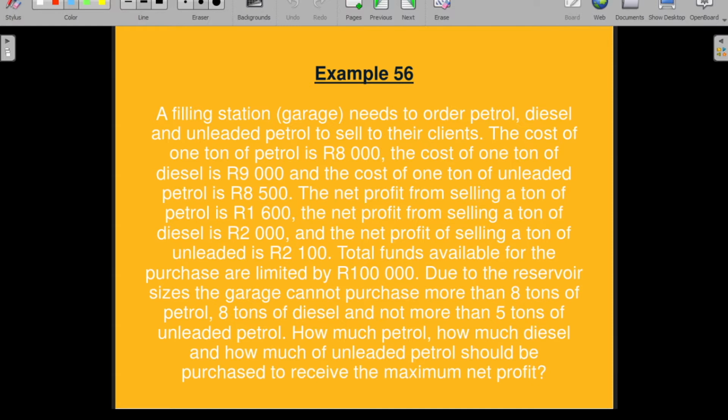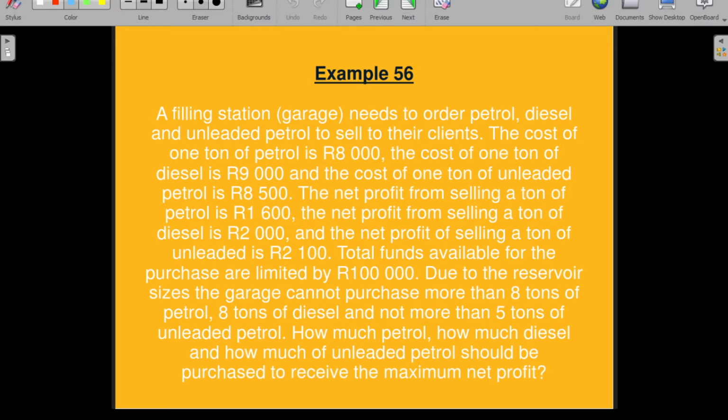So when we get an example like this, we would first like to formulate this question into an LP model. Now, if you go back to example 54, where we looked at how to formulate an LP problem, you will remember that we first need to identify the decision variables, then we set up the restrictions, and then we find the objective function.